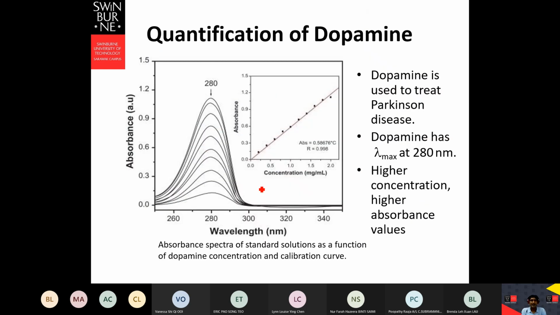Dopamine. That is the drug that is used for Parkinson's disease. And this dopamine, if we do exercise, physical exercise, run, do any other physical exercise, it secretes in our brain.